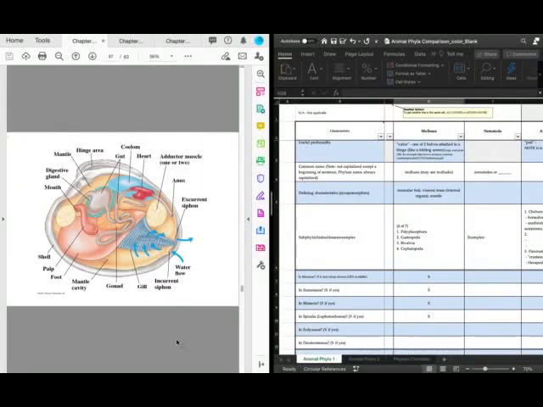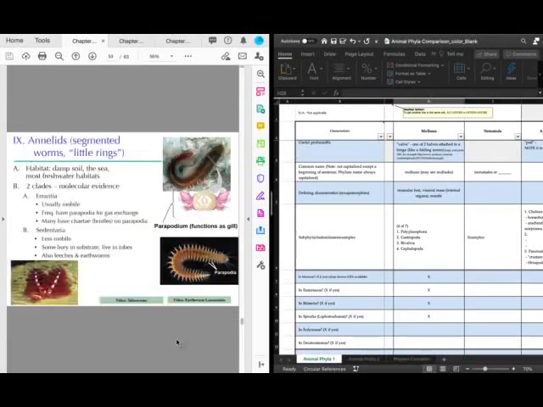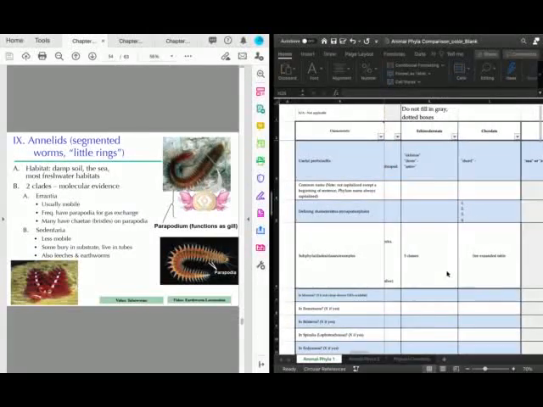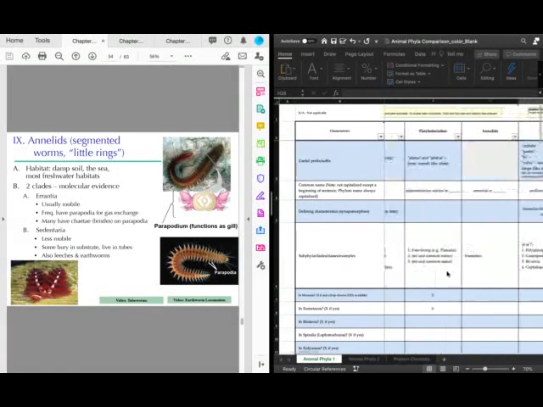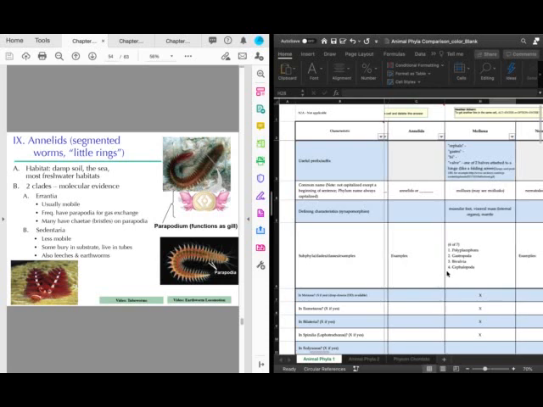Then you do something like Annelida. Go. Annelida or segmented worms. Defining characteristics.